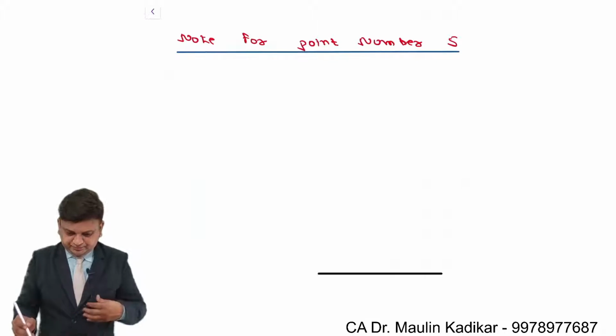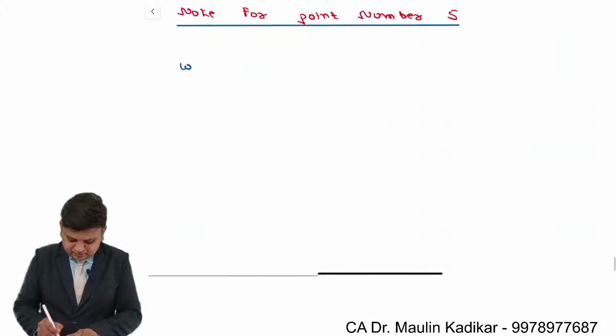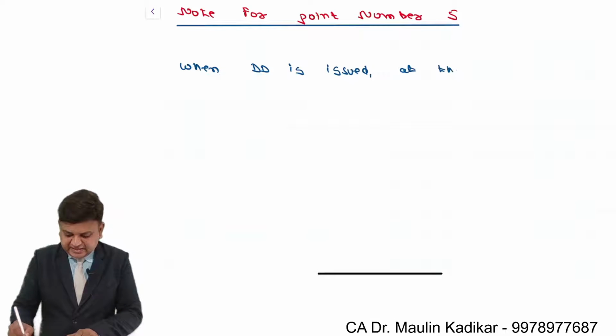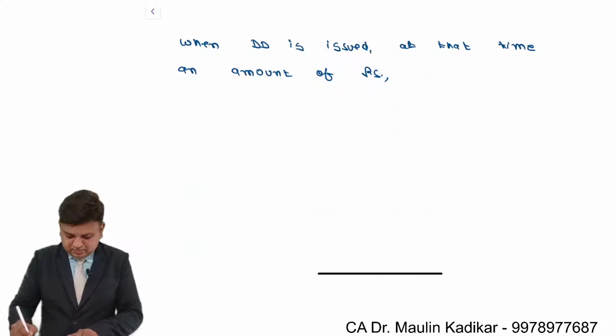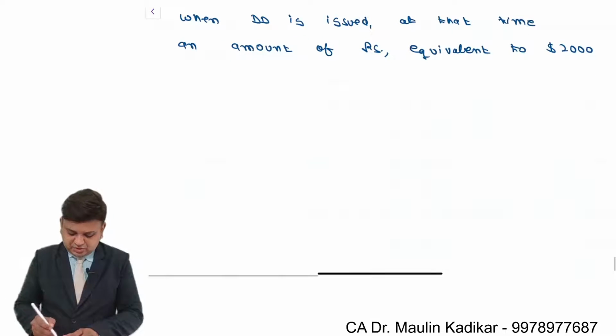In that, write down: when DD is issued, at that time an amount of rupees equivalent to $2,000 is collected from the student.